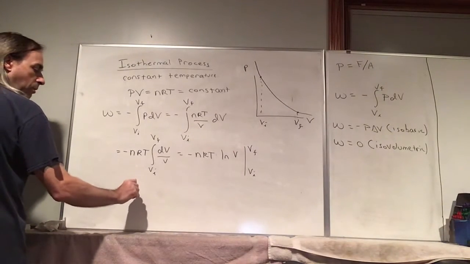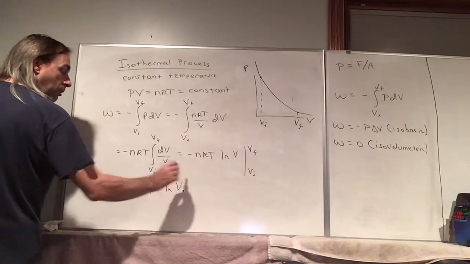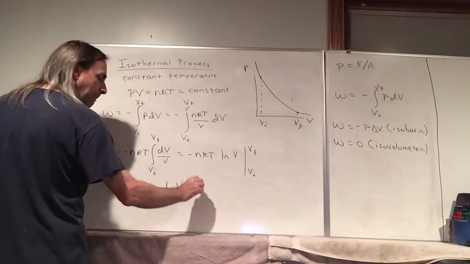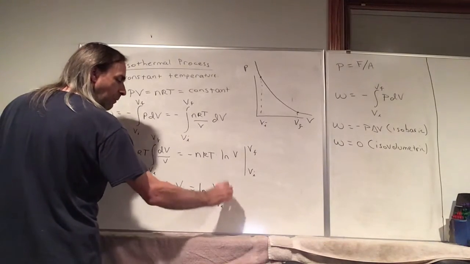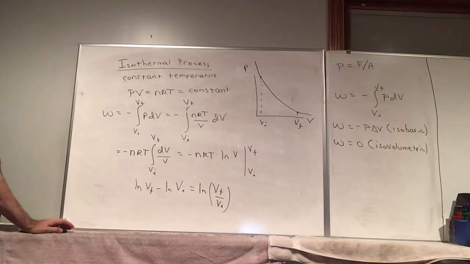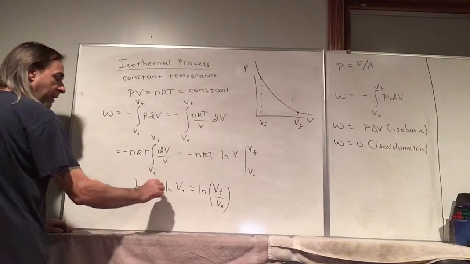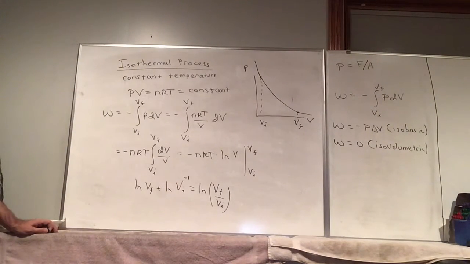Here we have natural logarithm of V final minus natural logarithm of V initial. We can write it as this ratio, V final over V initial, or we could do it like this: plus natural log of V initial to the -1.